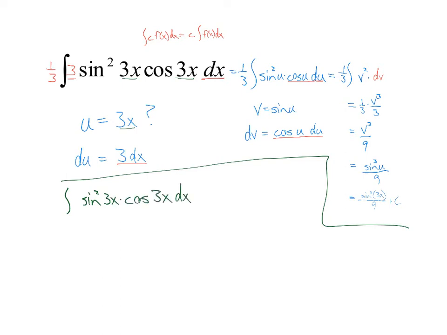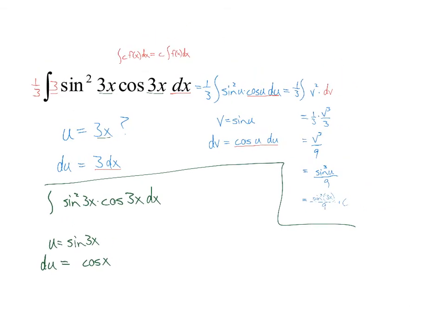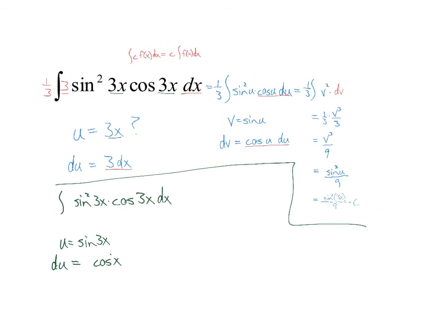dx, and I had let u equal the sine of 3x, my du, I'd have to use the chain rule, but it would have been cosine of 3x times 3, chain rule, du.